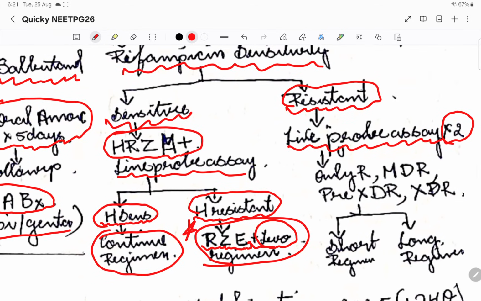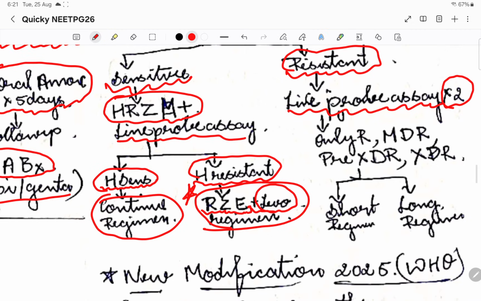Then coming to rifampicin resistance, I told you, right? We had sent the line probe assay twice, and now we'll be deciding whether only the rifampicin is resistant, or it is multi-drug along with rifampicin. If any other drug, either isoniazid, pyrazinamide or ethambutol, is resistant, that is known as multi-drug resistant, or whether it is pre-XDR.